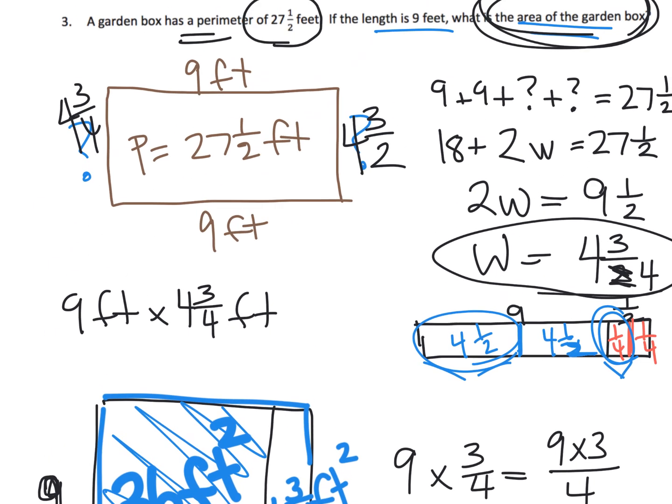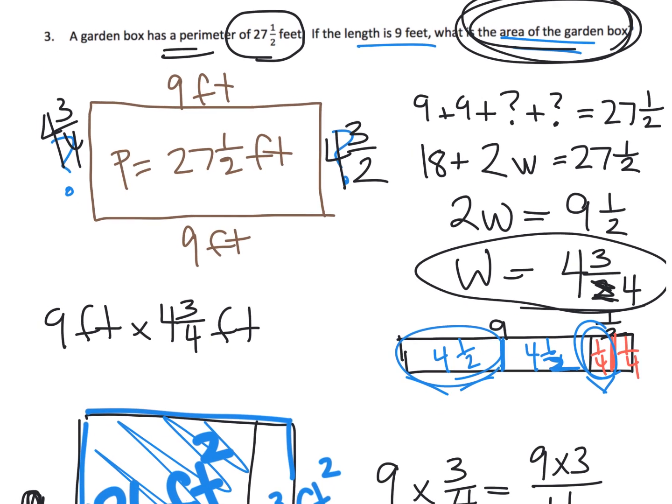So real quick, what did we do? We used logic, a little bit of algebra, to try and figure out what are the missing widths, and we had to do a little bit of thinking. We had to cut 9 1/2 in half to figure out that each width is 4 3/4.